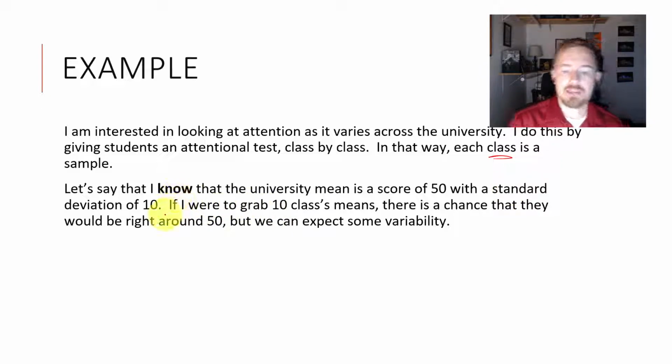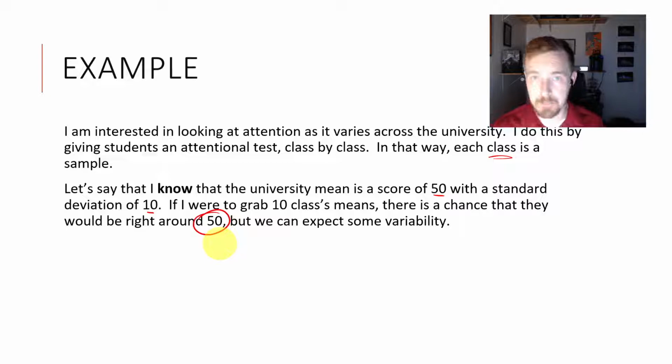Now let's say that I know that the university's mean, in other words, the population that I'm looking at, the mean for the population is 50, with a standard deviation of 10. So if I were to go and grab 10 separate classes and do this attentional test, and I got 10 separate sample means, there's a chance that those sample means could be right around the population mean, but there's also the expectation that there's going to be some variability here.